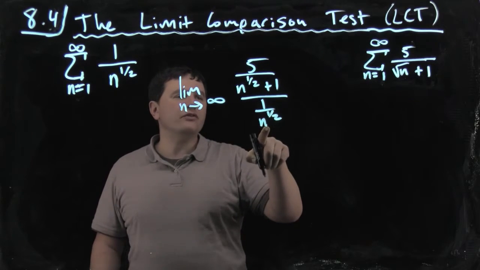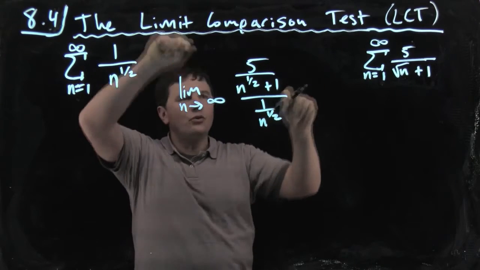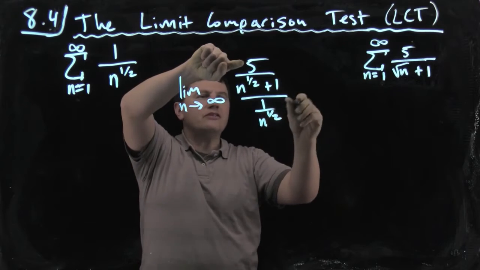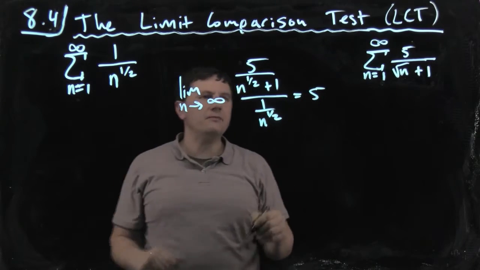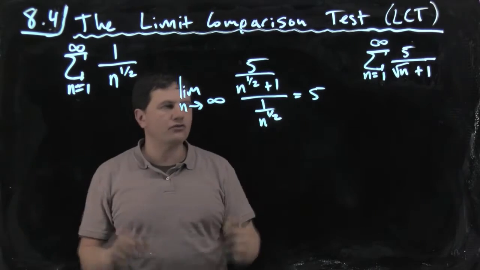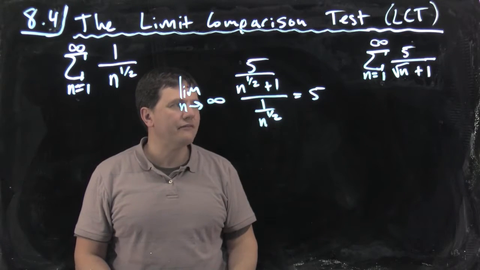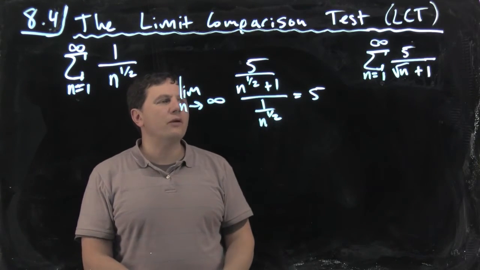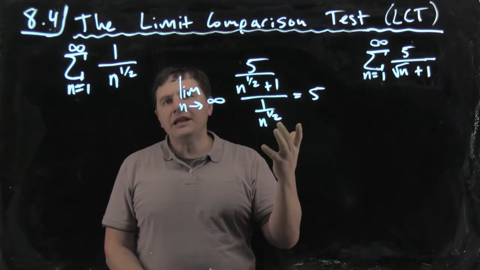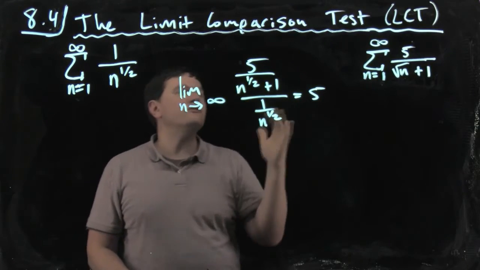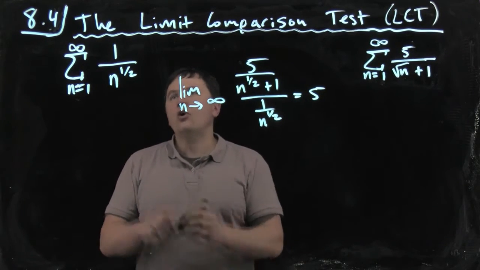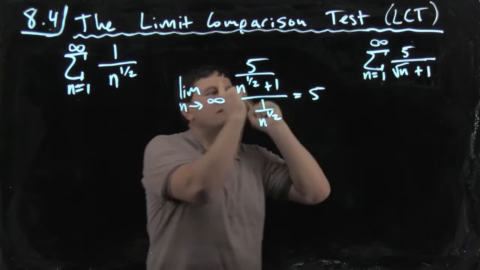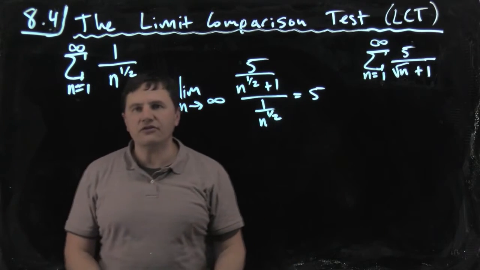And if I limit n to infinity, I could do all the algebraic manipulation, but realize all this is going to be for large numbers is 5. Keep in mind the plus 1 and all that for large numbers is inconsequential if that's equal 5. So what that's saying is for large numbers, this 5 is almost meaningless. So either both are going to converge or both are going to diverge. So once I say this diverges, I can say this diverges, and that's limit comparison test.